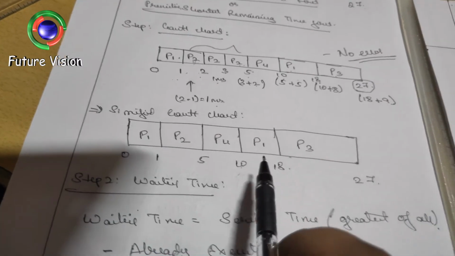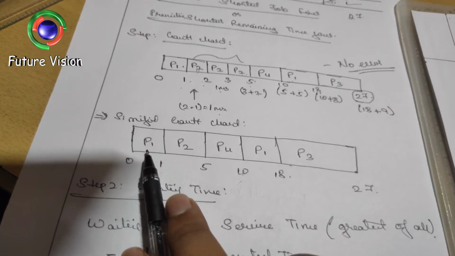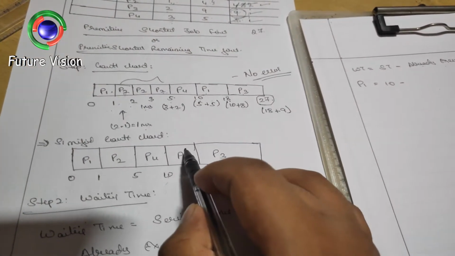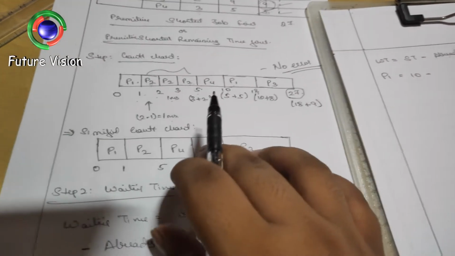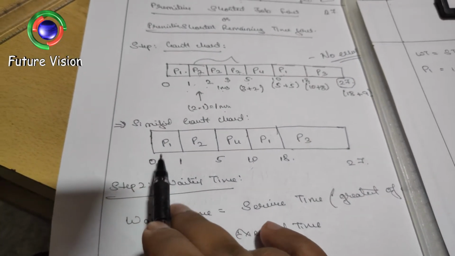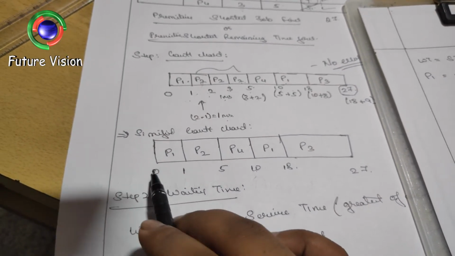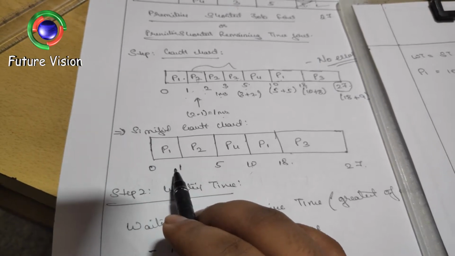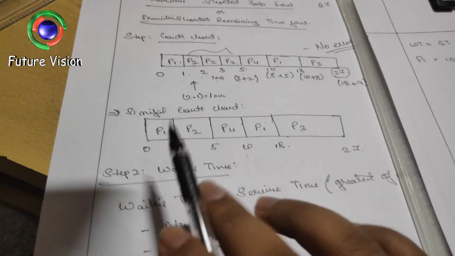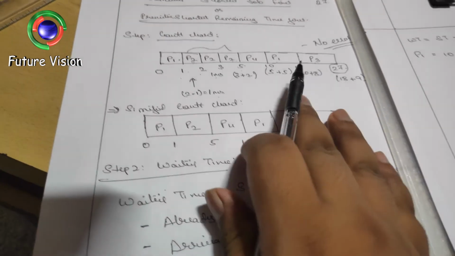So there is an occurrence of P1 in two places. So this P1 is already considered. Now for this already executed time, we have to figure out how many milliseconds. So that is nothing but 1 minus 0.